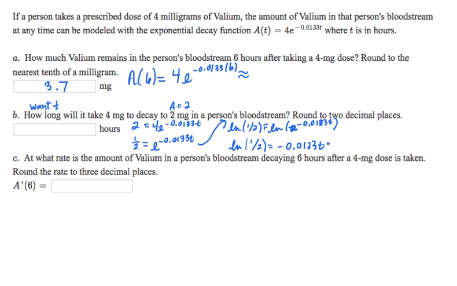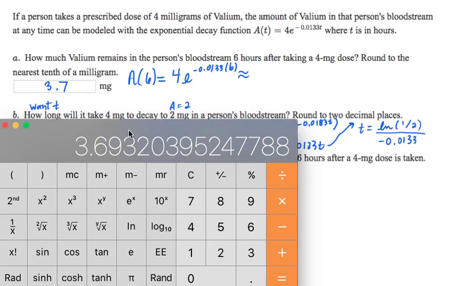So we have on the right side of this equation simply negative 0.0133 t. So to solve for t, we can then divide both sides by that decimal number to get the natural log of 1/2 divided by negative 0.0133. And we'll need to approximate that with the calculator here.